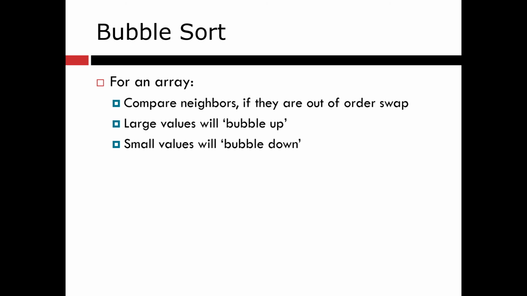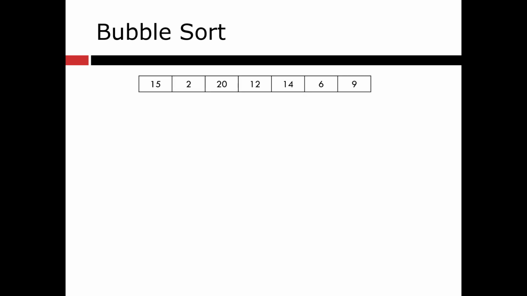What this leads to is an emergent behavior that as you keep comparing and keep switching, the large numbers will bubble up through your array and your smaller numbers will bubble down through your array. So, let's go through an example really quick. We've got the same ordered list of numbers that we had for our selection sort. So now we want to go through and do our bubble sort.